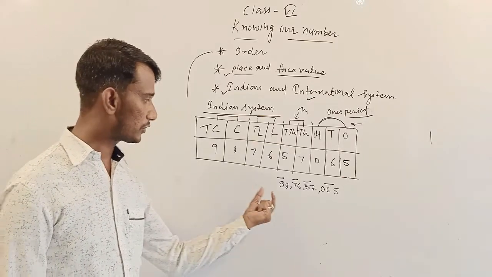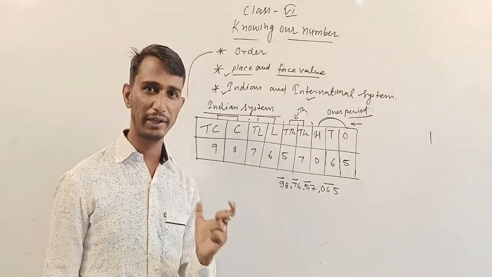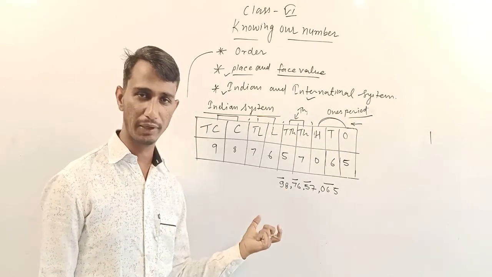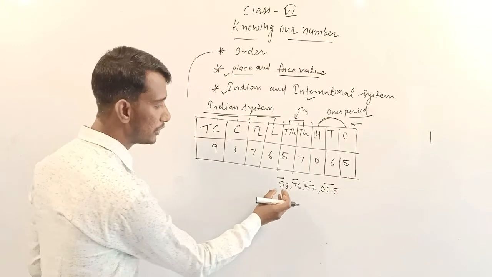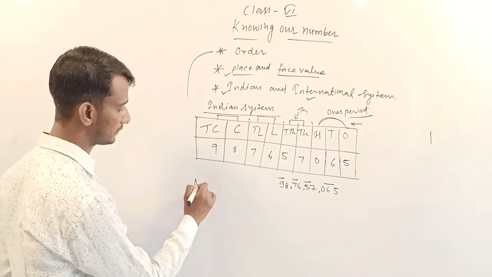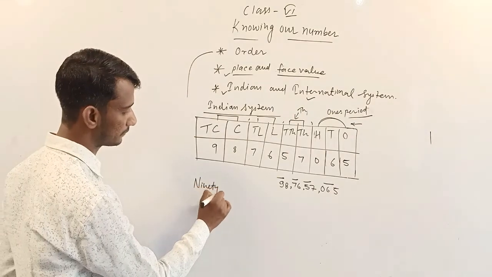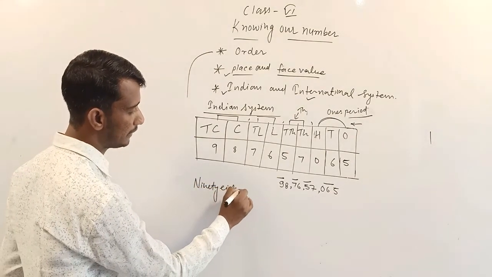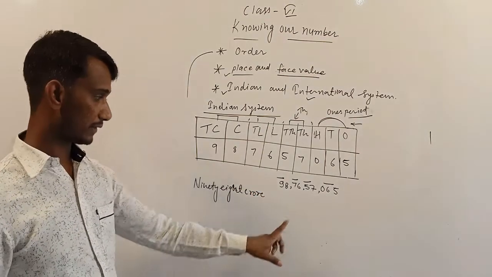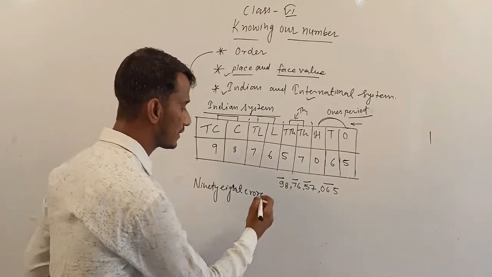Speak together, in a pair. It means these two numbers in one pair, in the crore period. So we speak together: 98. 98 crore.